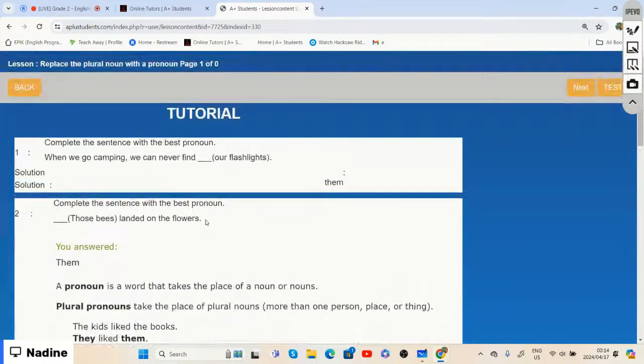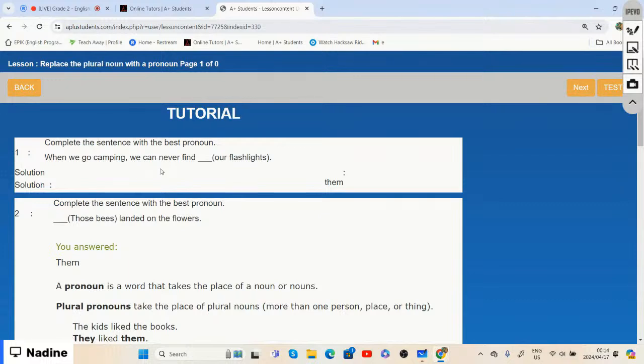If we go to this activity, it says when we go camping, we can never find our flashlights.